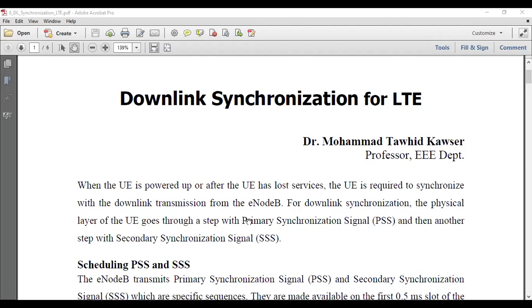Here they are the primary synchronization signal and the secondary synchronization signal. In the case of CDMA, they were the primary synchronization channel and the secondary synchronization channel.